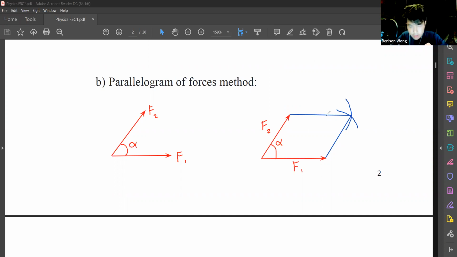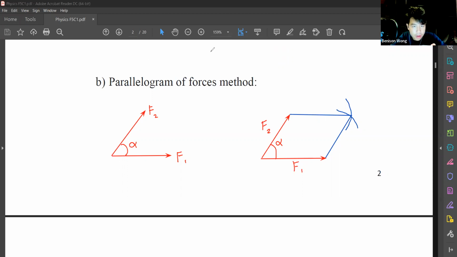So this line is parallel to this line, and this line is parallel to this line. So this is a parallelogram, okay?